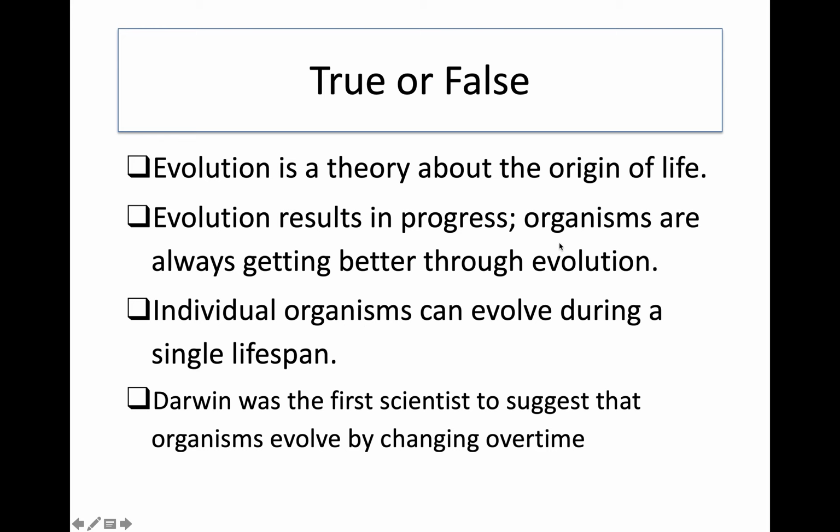Evolution results in progress. Organisms are always getting better through evolution. No, that's not correct. First of all, with evolution by natural selection, what gets selected depends on the environment. If the environment changes, the selection becomes something different. Just because an organism is perfect for one particular environment doesn't mean it's suitable for another if the environment changes.